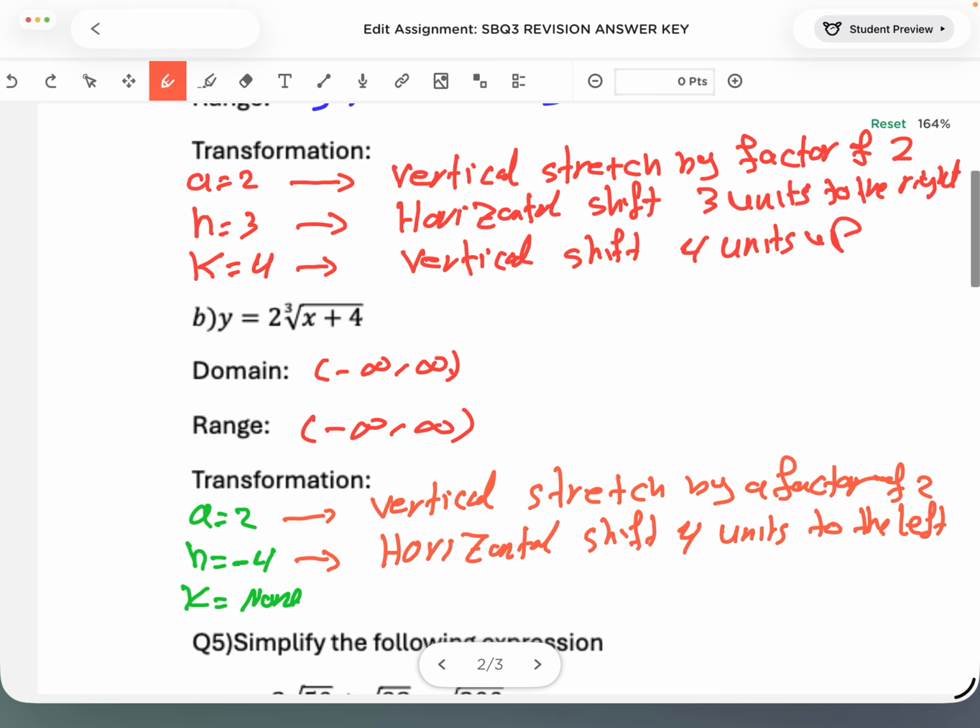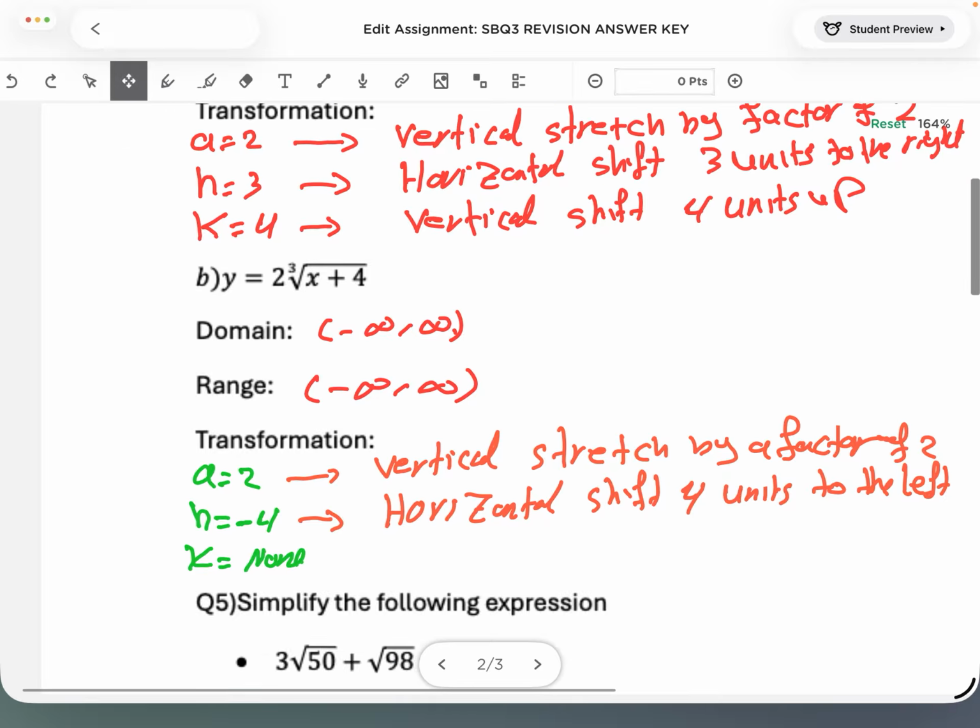Left because it's negative. k is 0, so we ignore it.